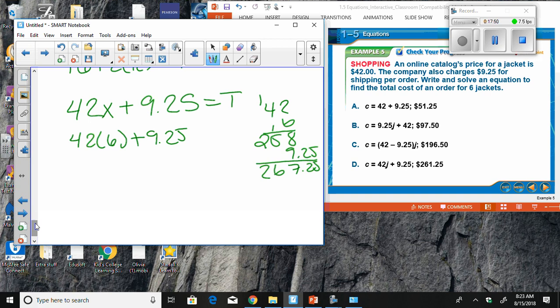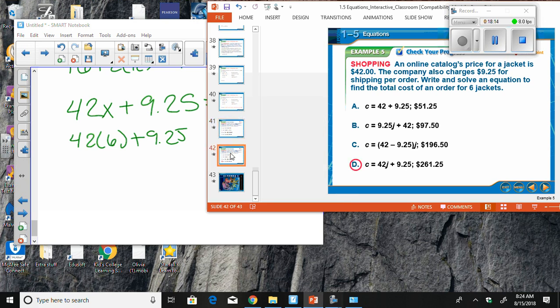Oh, that took me a minute to see. Okay, I was thinking that was a 3. That should be a 2, so that this can be a 1. There we go, 261.25. So the answer there is D, yay.